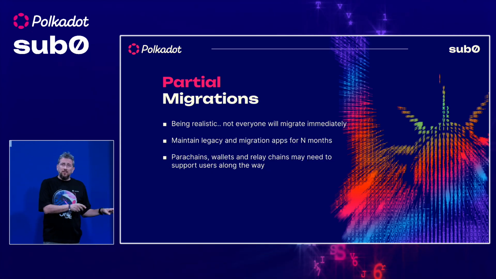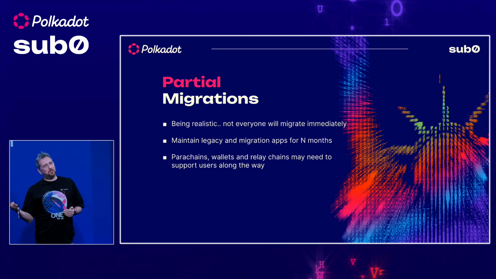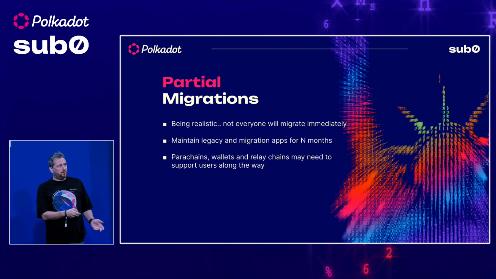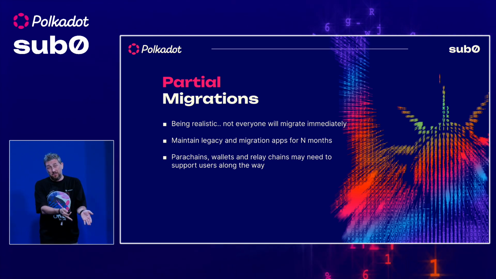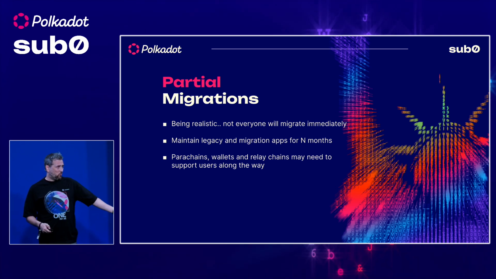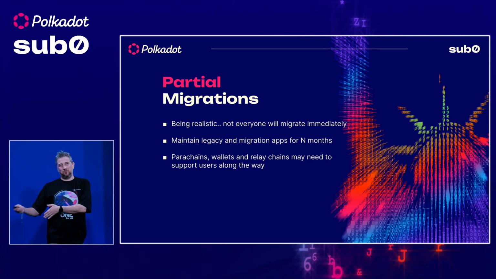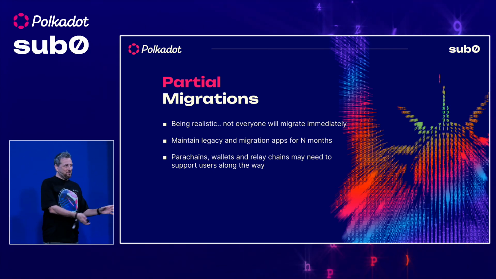After all this takes place, there is follow-up work that we are going to be doing. We are aware that the migration will not happen in a timely way. Some users will have their hardware wallet or devices left in some drawer on their desk, and they will come back in 2025 saying, okay, now the app doesn't work, I'm using the legacy one.